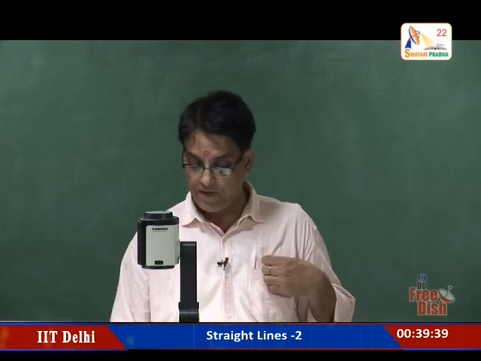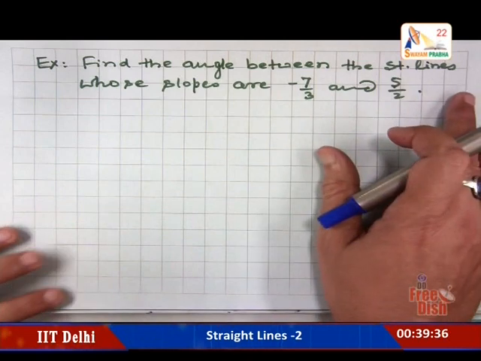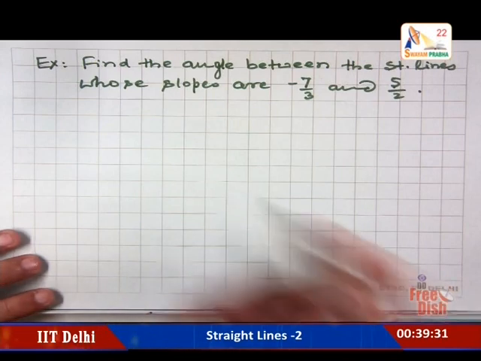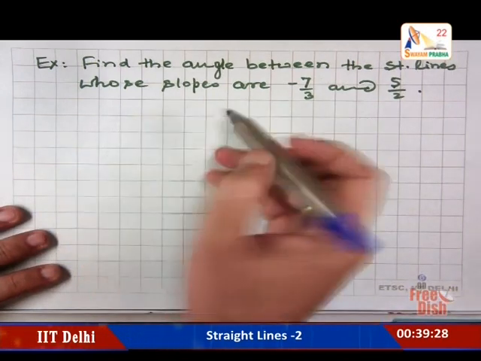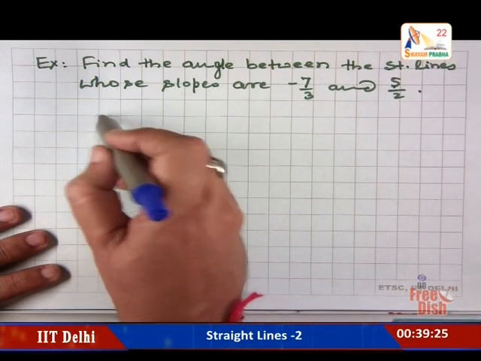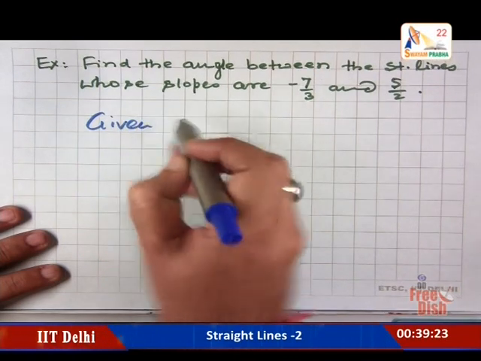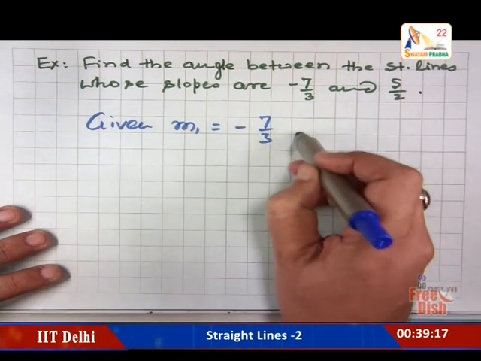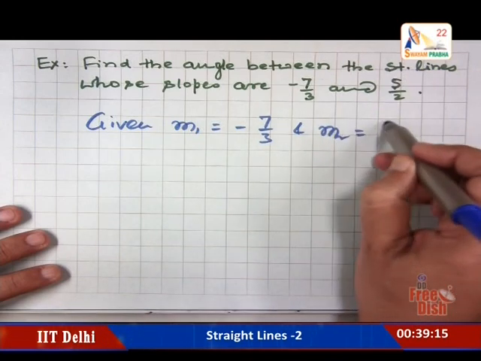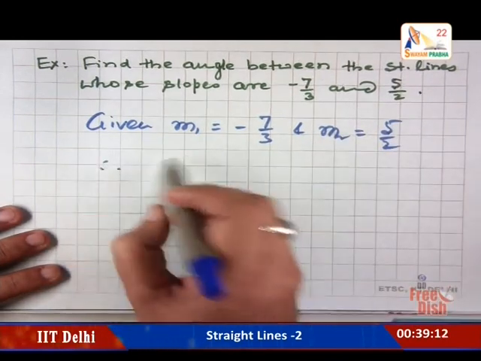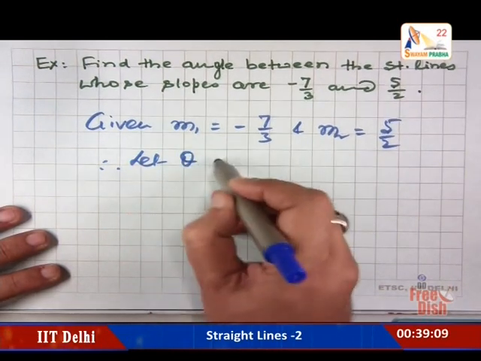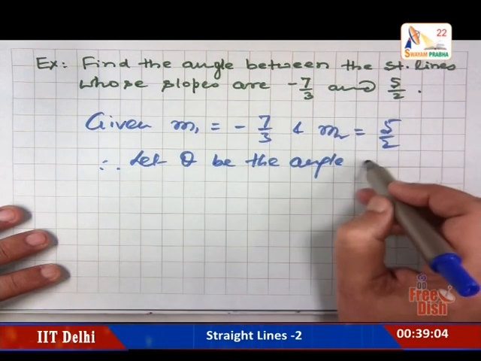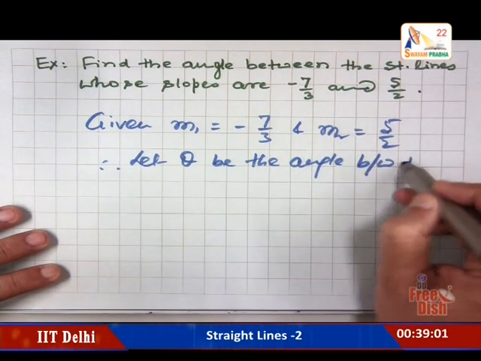Again we have a problem: find the angle between the straight lines whose slopes are minus 7 by 3 and 5 by 2, meaning when slope is known. So tan theta. Given M1 equal to minus 7 by 3 and M2 equal to 5 by 2. Let theta be the angle between the lines.